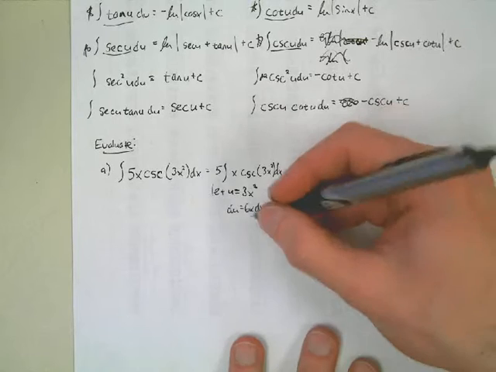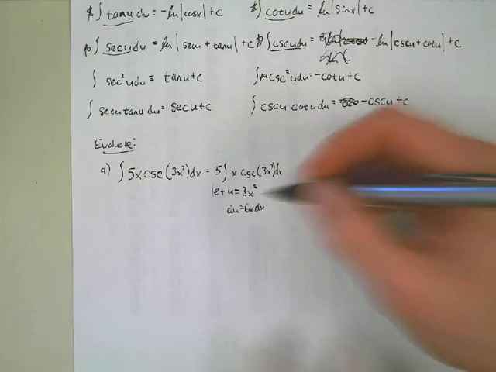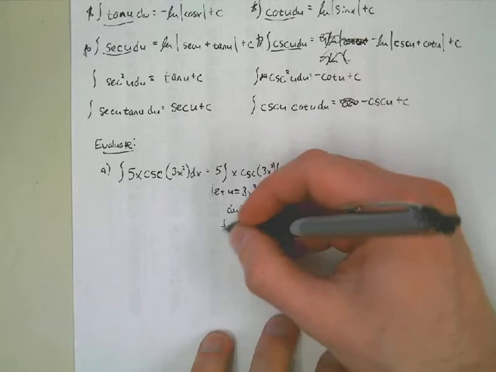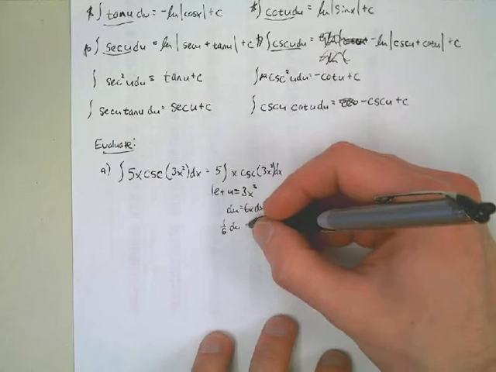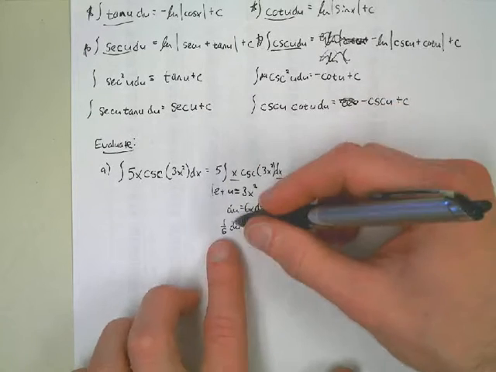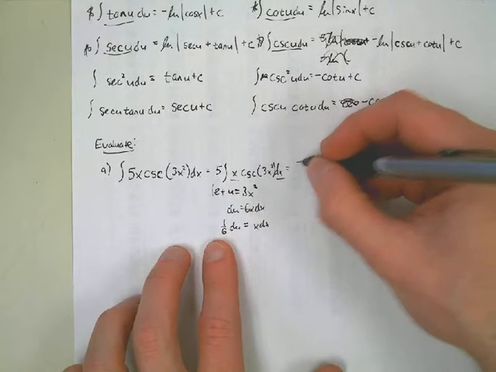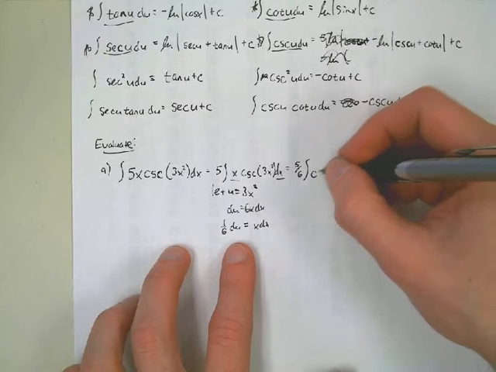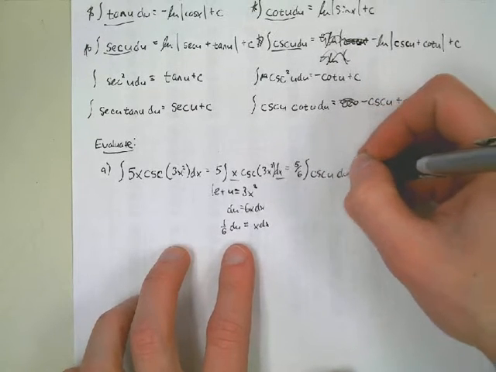So what do I have to do with that 6? Divide both sides by 6, make it 1/6 du equals x dx. And so now I'm going to replace that x dx with 1/6 du. So the number out front is going to be 5/6 integral cosecant u du. Okay, very good.